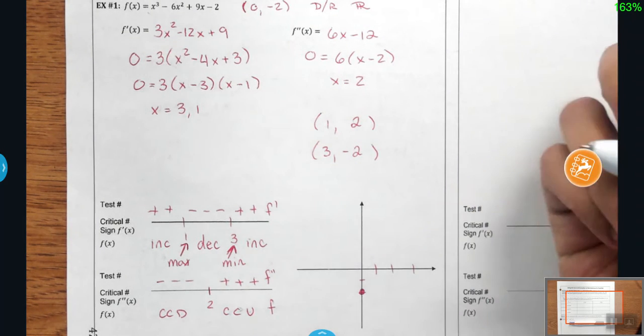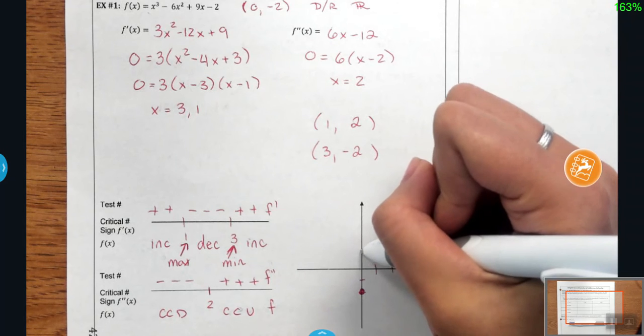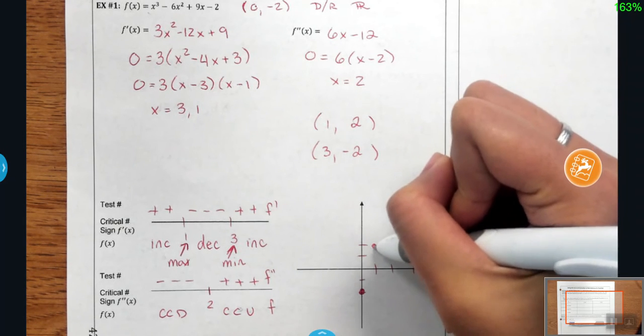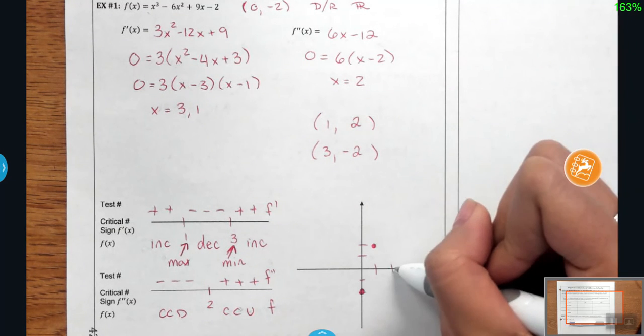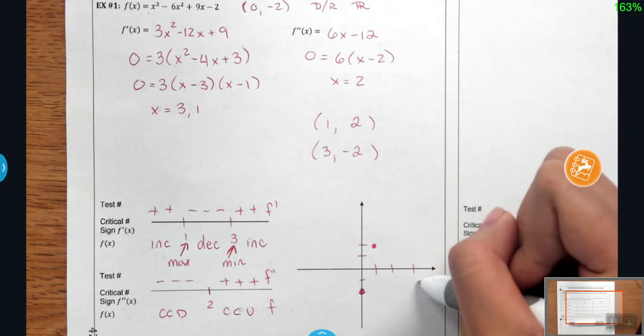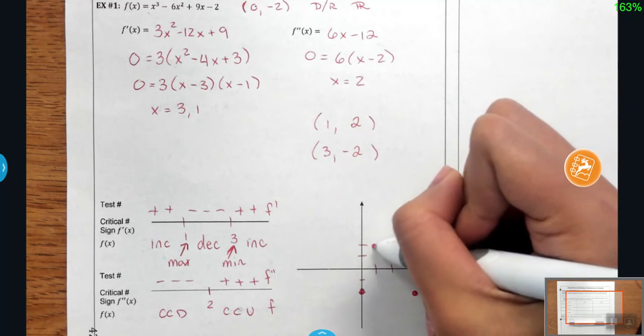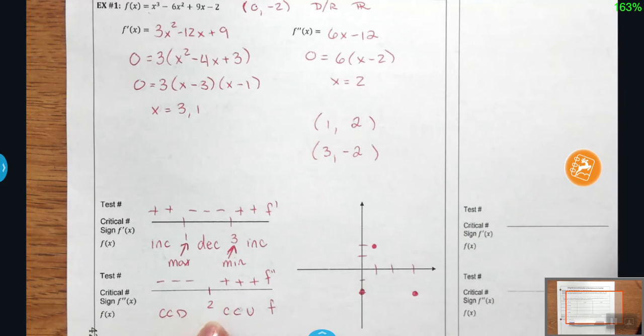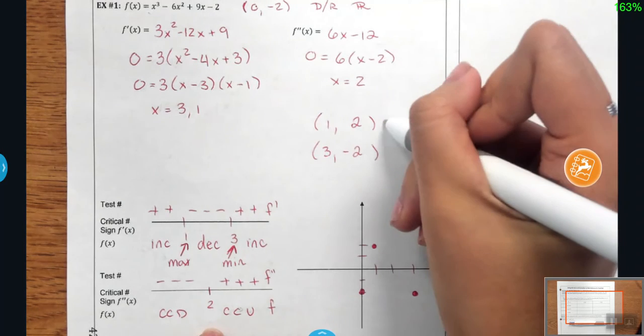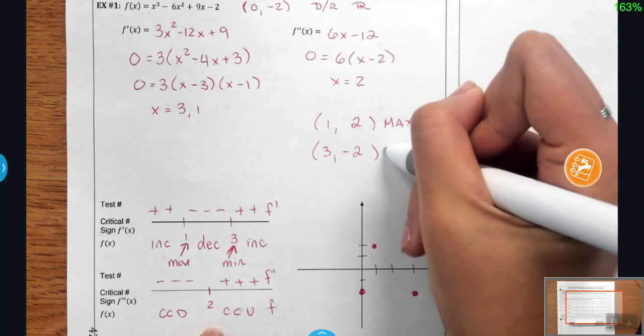Okay, confirmation. All right, at (1, 2) we've got a max here, and at (3, -2) we have a min here. And then let's go ahead and find our point of inflection.